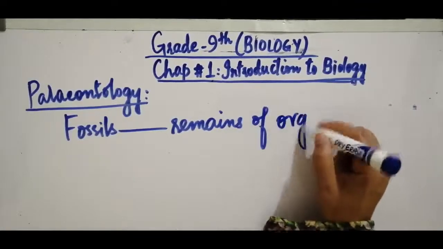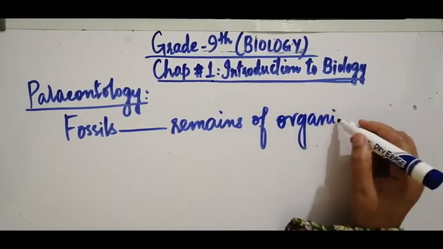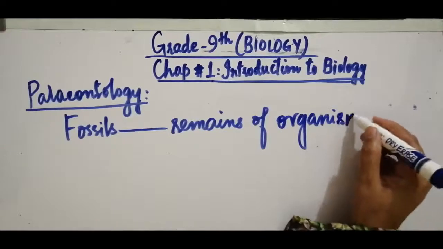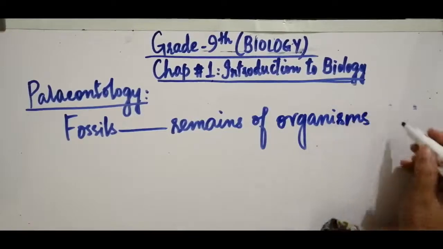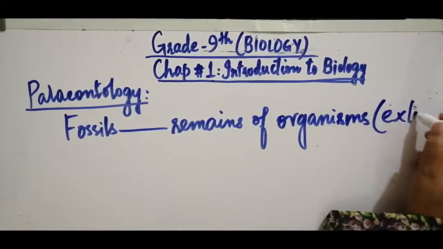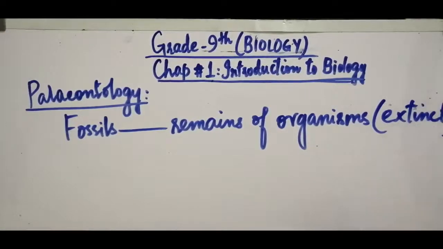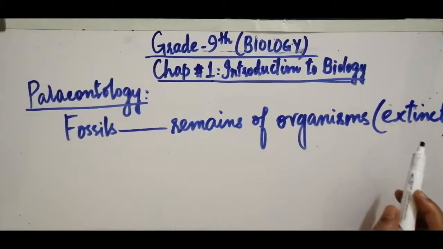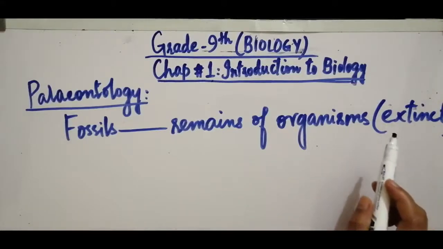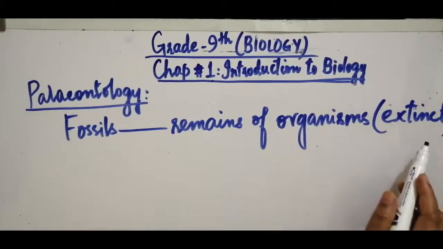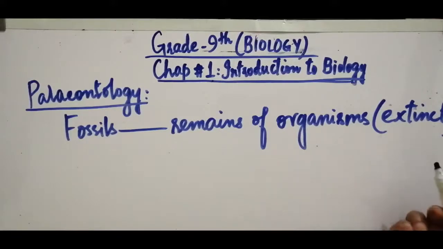Which organisms? Which are no more now. Which organisms? Extinct organisms. So we are writing extinct here. The meaning of extinct organisms is that they are no longer present or found in any area of the world. An example is dinosaurs.